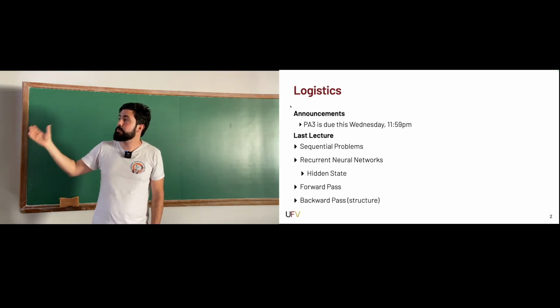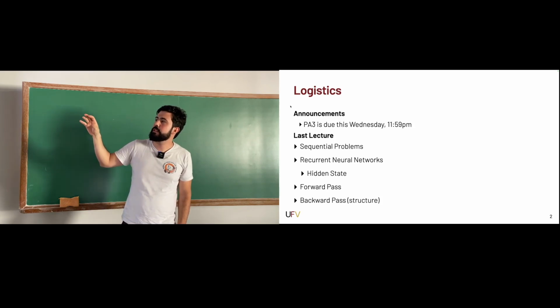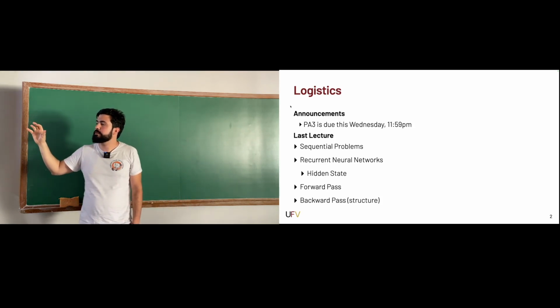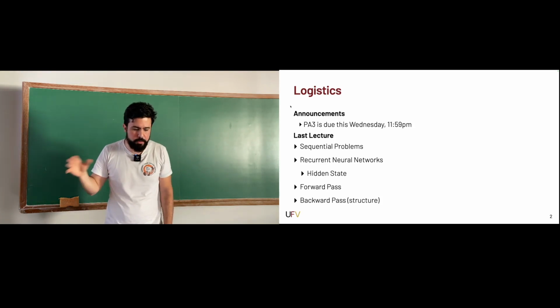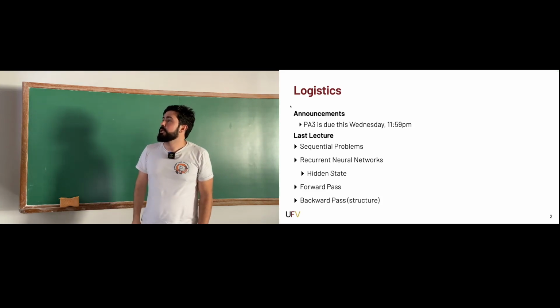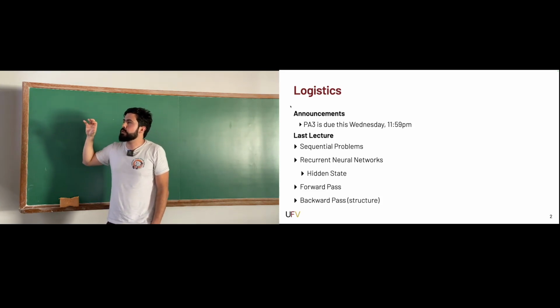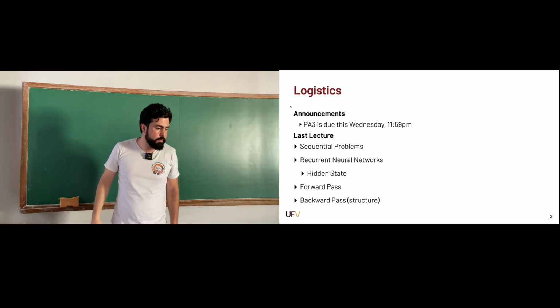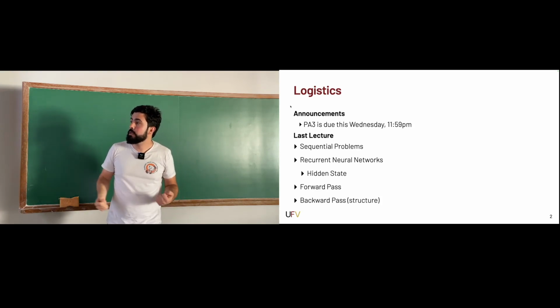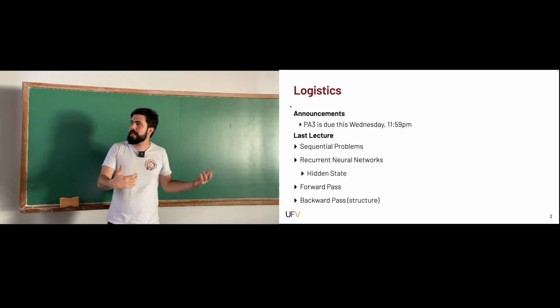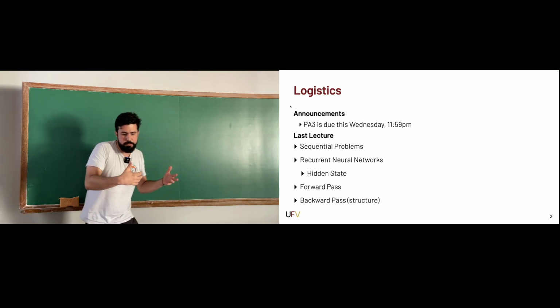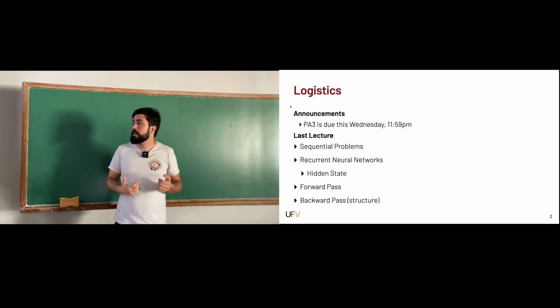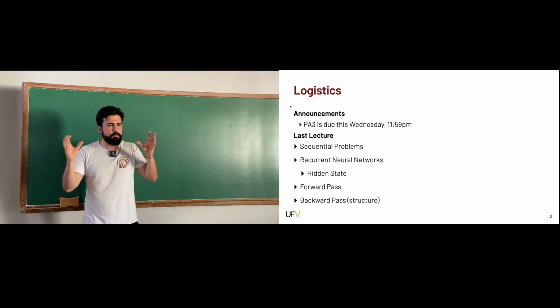Speaking of that, we were talking about sequential problems in AI, especially in natural language processing. Then we saw how recurrent neural networks can be used to solve these sequential problems, or to model data that is sequential. We saw how to do the forward pass in an RNN, and I finished the lecture talking about the structure of the backward pass, right?